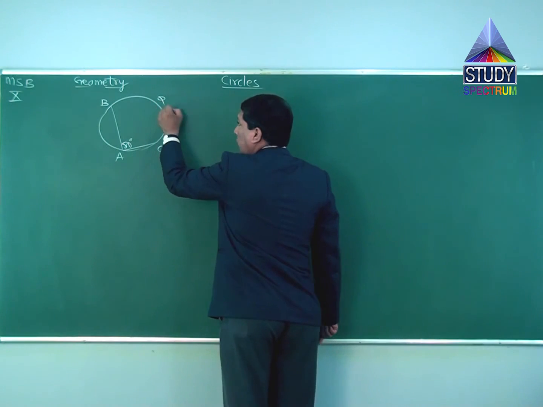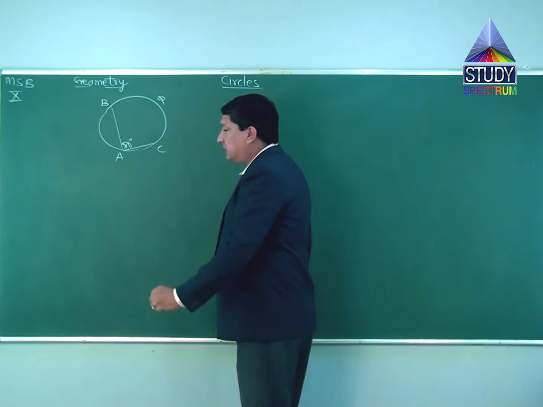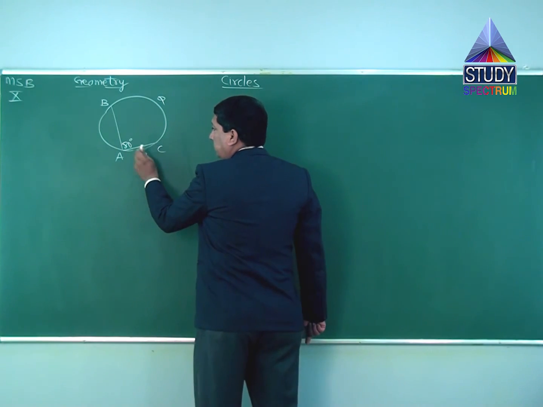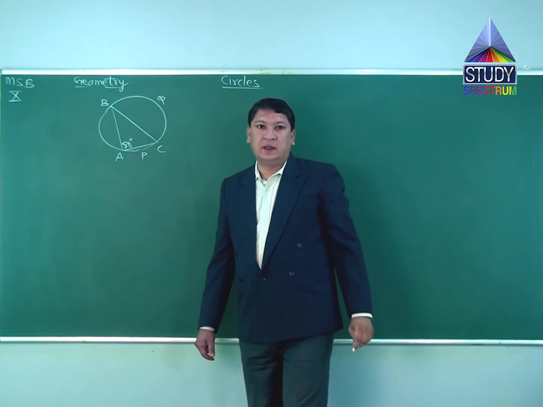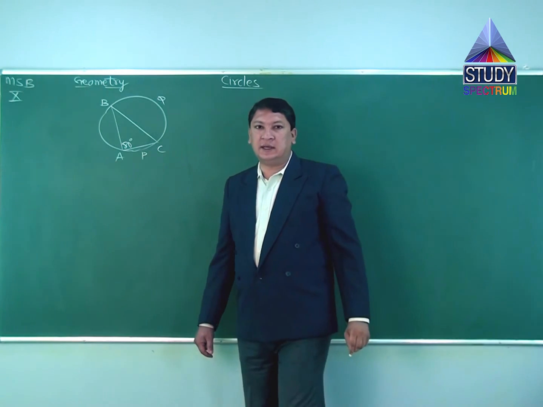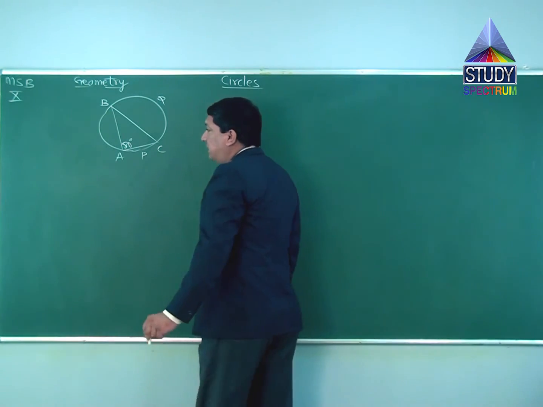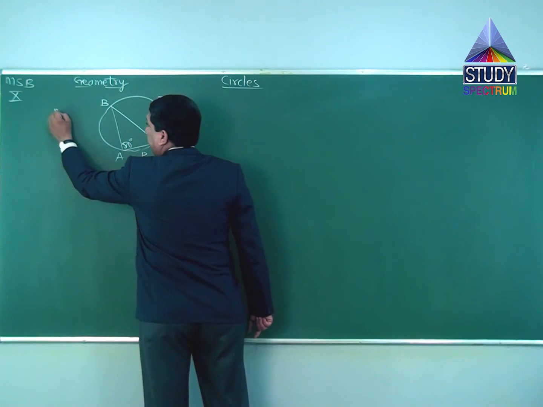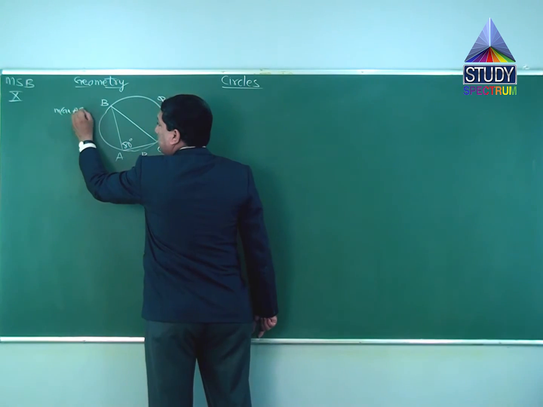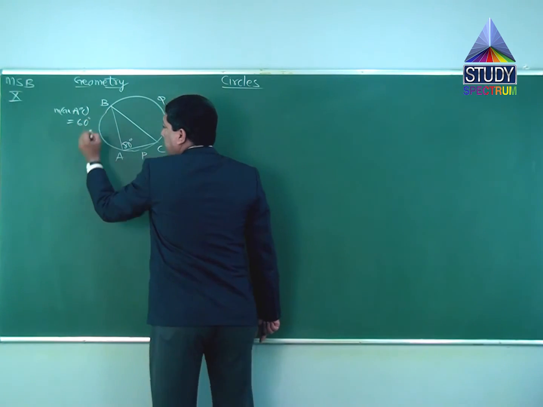This side is point Q and this side is point P. This is the first sum of 2.3. Now the question is, measure of arc APC is 60 degrees.